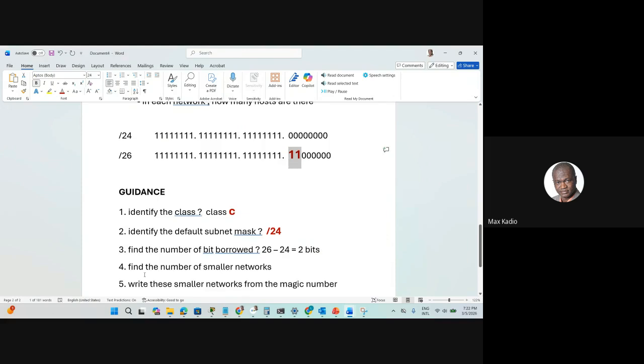So now, with 2 bits, to find the number of smaller networks, the formula is 2 to the power of bits borrowed.